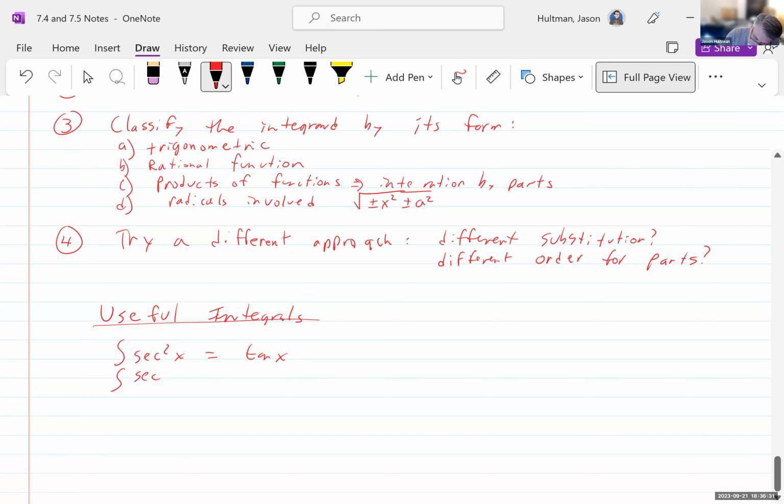The integral of secant x tangent x is secant x. Okay, the integral of secant x is natural log of secant x plus tangent x. The integral of tangent x is the natural log of secant x.